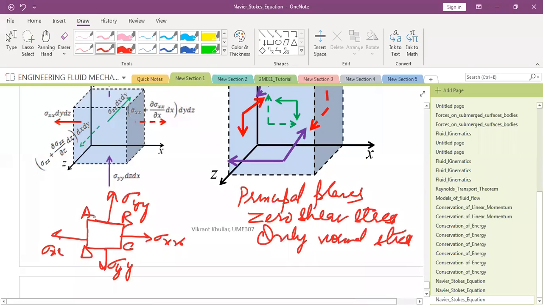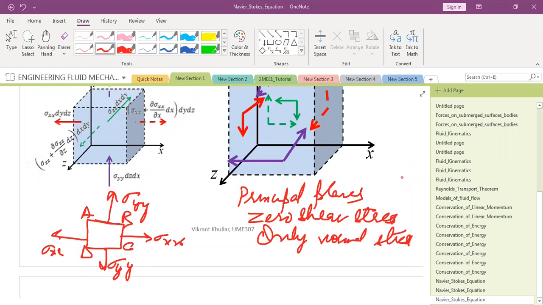Which planes are principal planes in this case? All of them are, all four: AB, BC, CD and AD, all of them are principal planes.